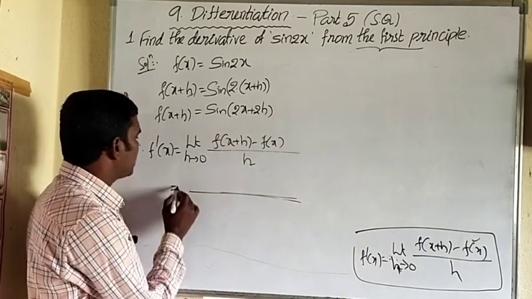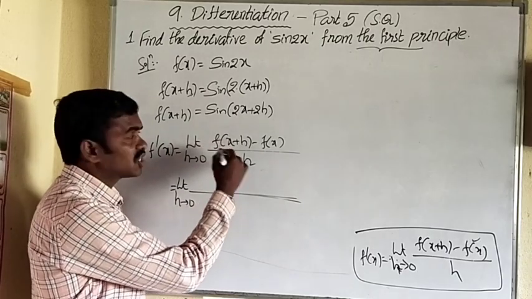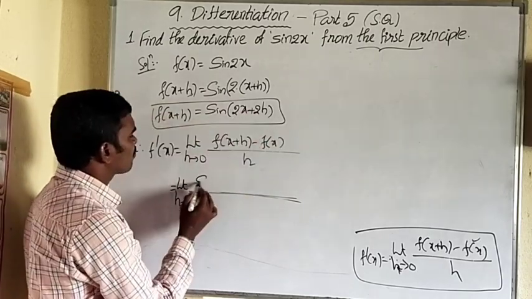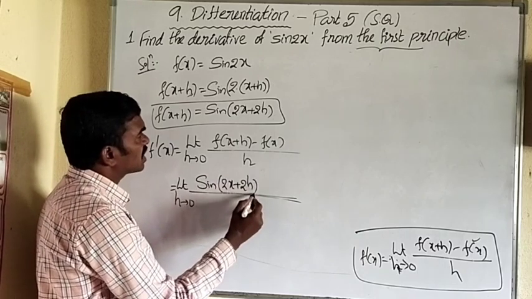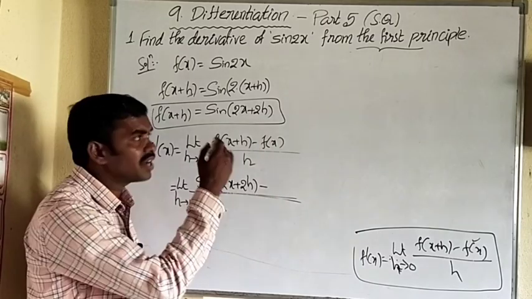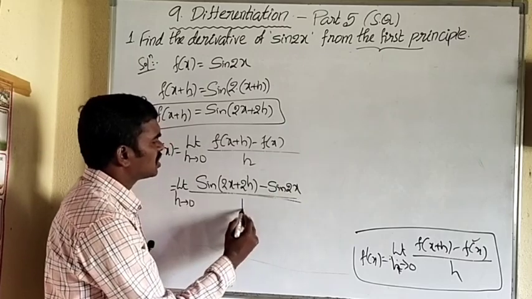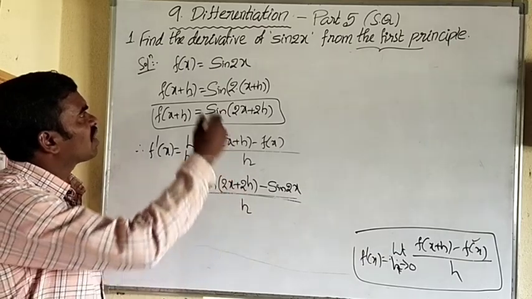Next write limit h tends to 0 as it is. f of x plus h means sin of 2x plus 2h. Next the minus symbol, and f of x is sin 2x, all by h. By finding this limit value we can find the answer.